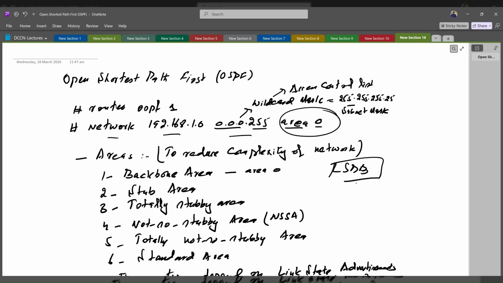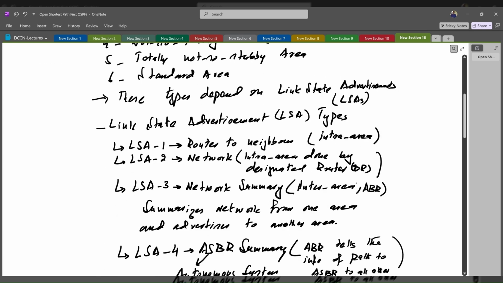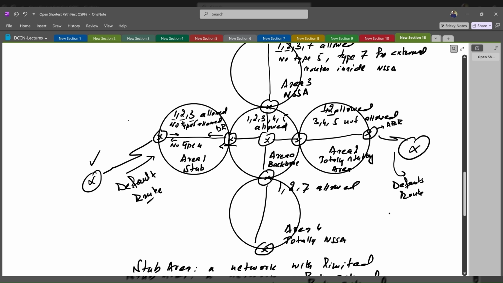For that, we need to divide our network into different types of areas, so that we can limit the link state advertisements. Okay, so we have different types of areas: standard area, backbone area, then stub area, totally stubby area, not so stubby area, totally not so stubby area, and these areas can be classified based on the types of LSAs allowed. I mean the LSA rules, what LSAs are allowed and what are not allowed inside the network.